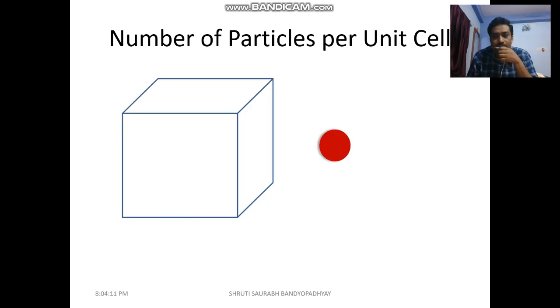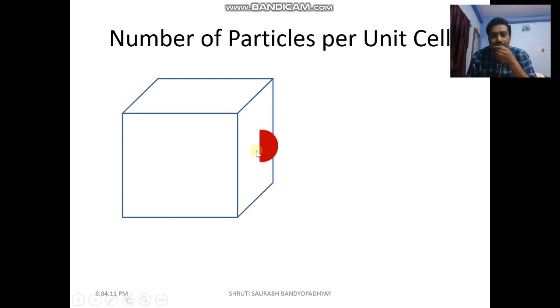Now what about the particles present at the center of each face? Suppose this is a simple cubic unit cell, and this is one face. How many faces are there? 6 faces in a cube. This is one of them. What will be the amount of face sharing?